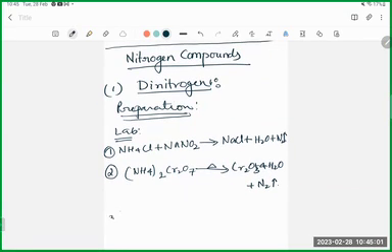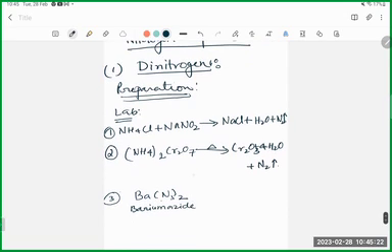The next way, it can even be obtained from barium azide and sodium azide. What is barium azide? Ba(N3)2. Nitrogen we also call azo, so azide it is.